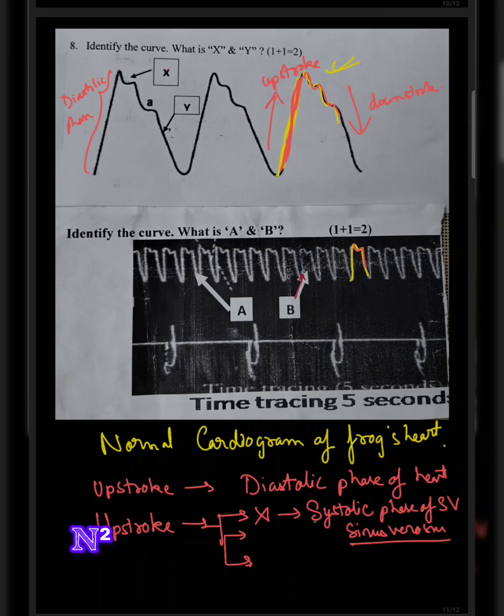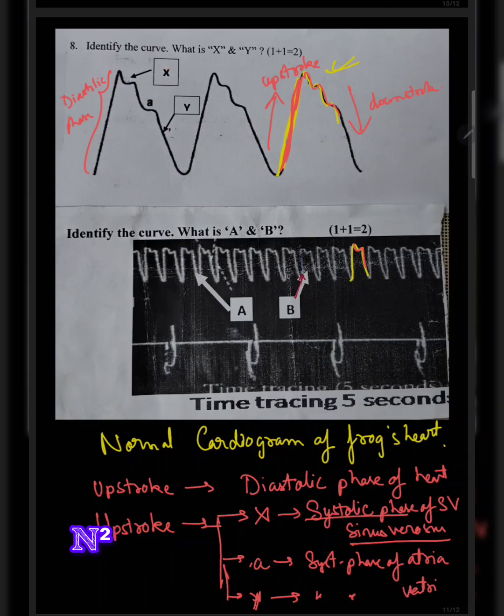The systolic phase of that tissue is shown by X, whereas A is showing you the systolic phase of the atria, and Y is showing you the systolic phase of the ventricle.